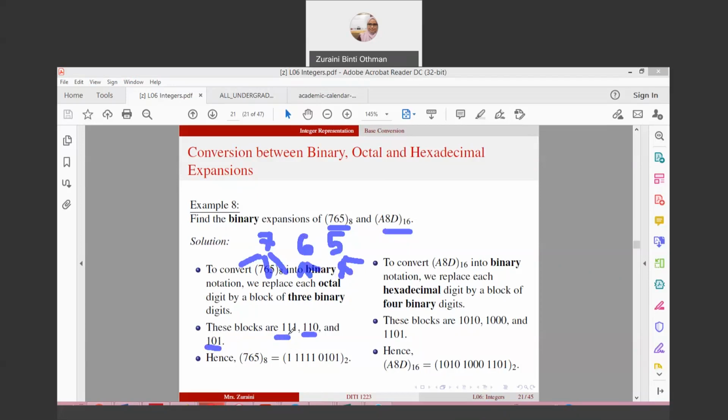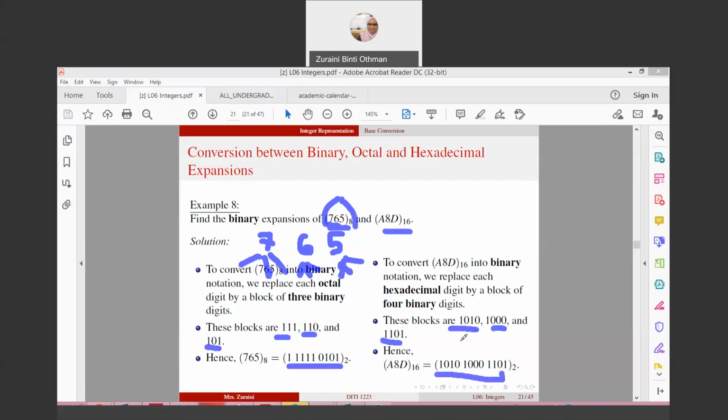So, we combine all together. So, we get this as the binary expansion for the octal, and for this hexadecimal, which is D, represent D as binary. D is what number? D is the number A, B, C, D, 14, right? So, this is the representation of 8 in binary, and this is the representation of A in binary.